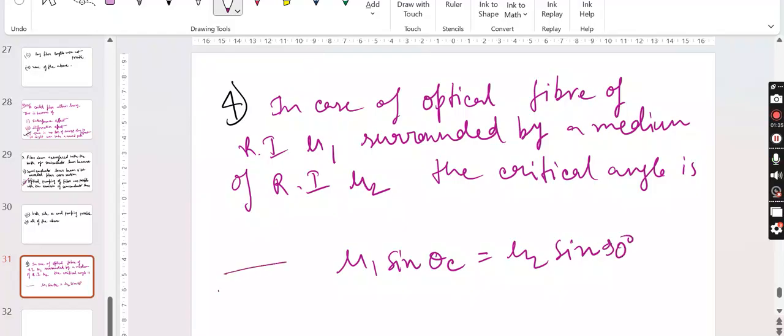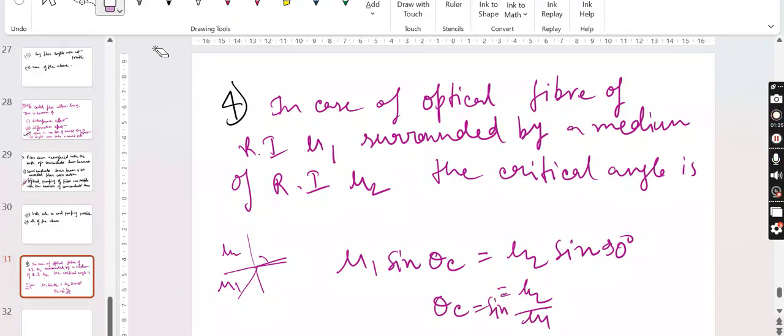So this is mu1, this is mu2. For critical angle, that angle is 90 degree. So sine 90 degree is 1. The theta c would be sine inverse mu2 by mu1. That is the answer.